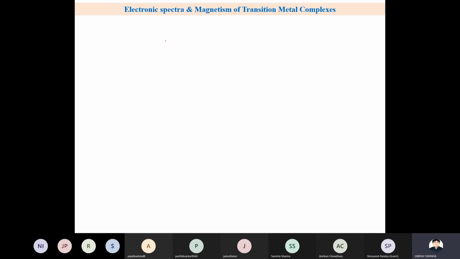You should know two different types of quantum numbers, L and S, orbital and spin. Here J is the total quantum number, and here 2S plus 1 L is the term. Okay, so this is called the ground state term.